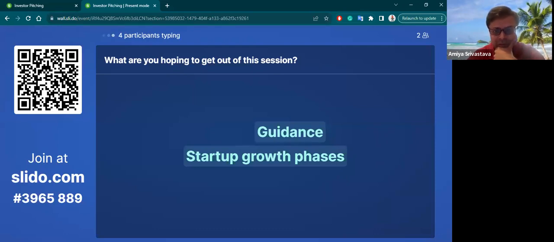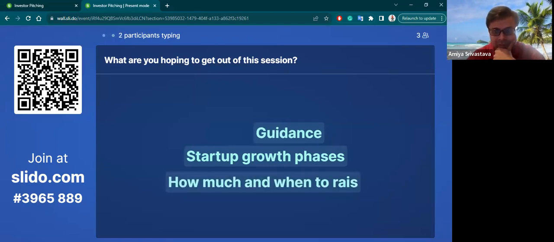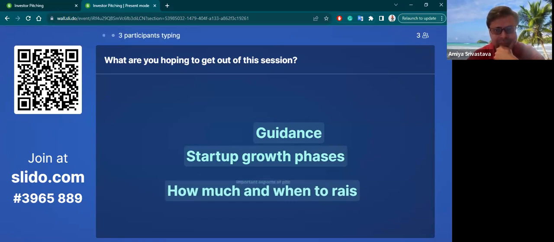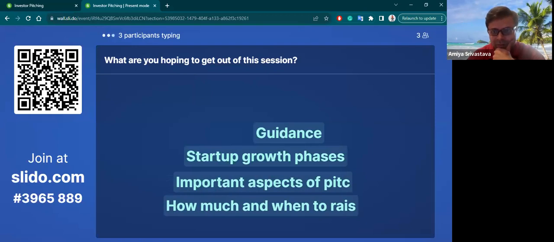Okay, guidance, startup growth phases. How much inventory is okay. Important aspects of pitch.